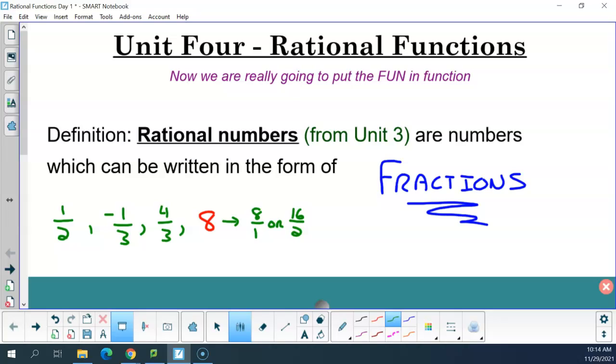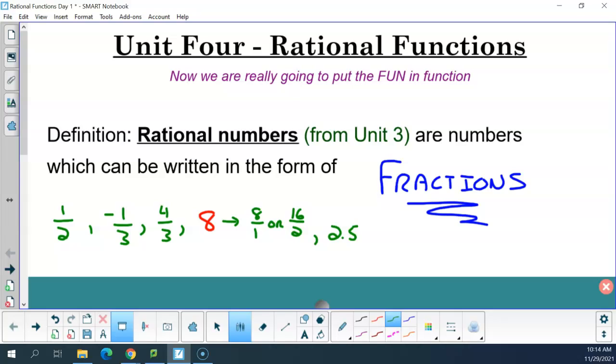What about 2.5? What are you saying yet? Fraction? Because I know what you want to say. You want to say 2.5/1.